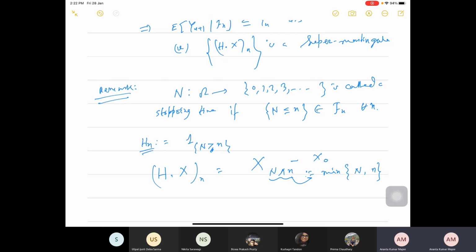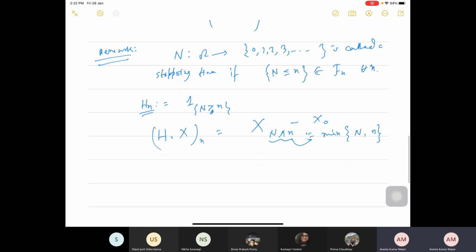So this one is a submartingale, that is, the process X_{n∧N} minus X_0 is a submartingale. So that means if you have any stopping time N, we define the stopped process. So this is a supermartingale or martingale if X_n is a supermartingale or martingale or submartingale, is it not, this process?